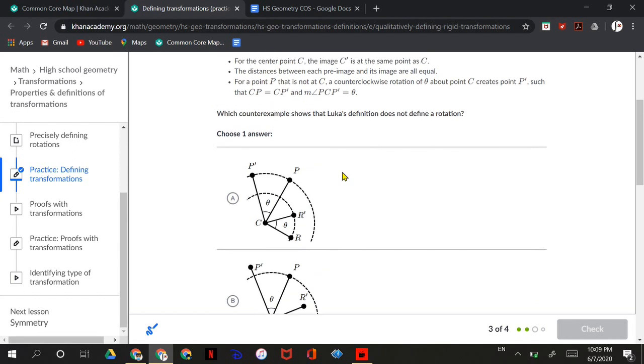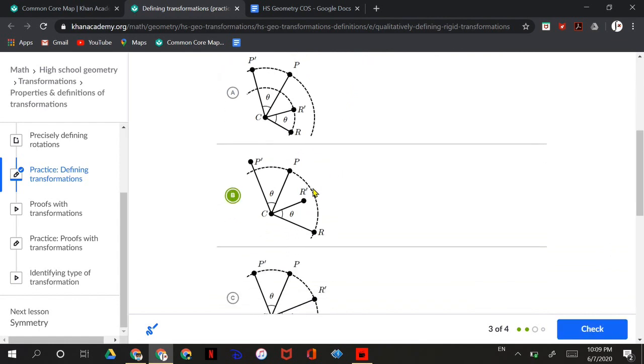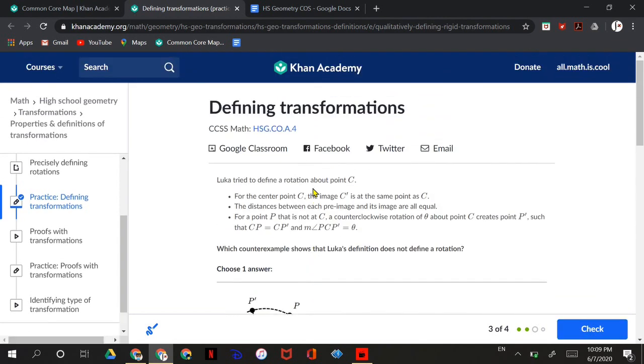Okay, so I believe that would be, let's see. Okay, this is kind of a tricky one.